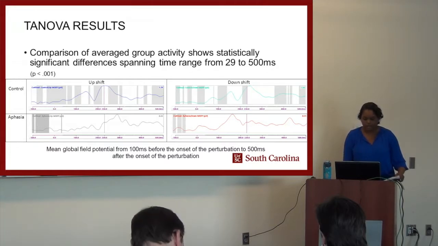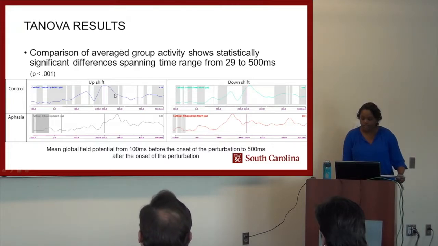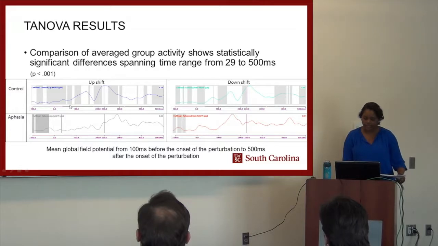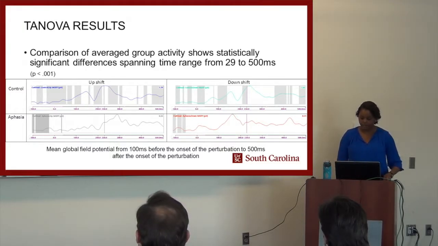And then the peak occurring between 200 and 300 milliseconds corresponds with the P2 for that group. And you can also see in these curves that the aphasia data is more noisy, and the curves are much smoother for the control individuals.